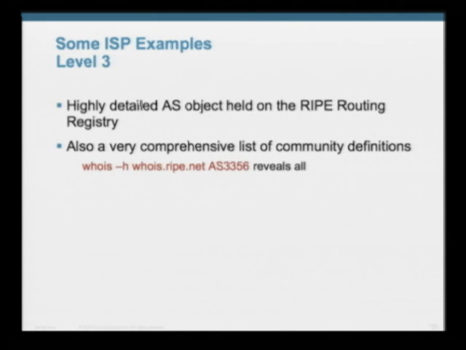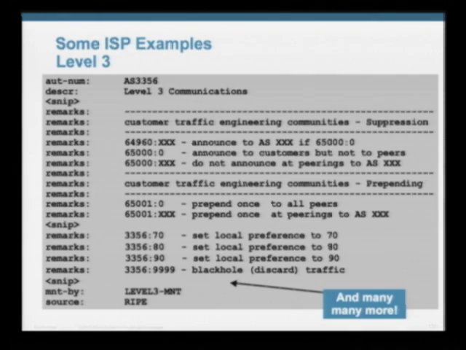Level 3, again, I have a very big list, and I don't know how many of these are actually used, but still it's an impressively big list if you look up the aut-num object. So 65001:0 prepend to all peers, 65001 prepend to peers with ASX, and then you've got the local pref setting ones.